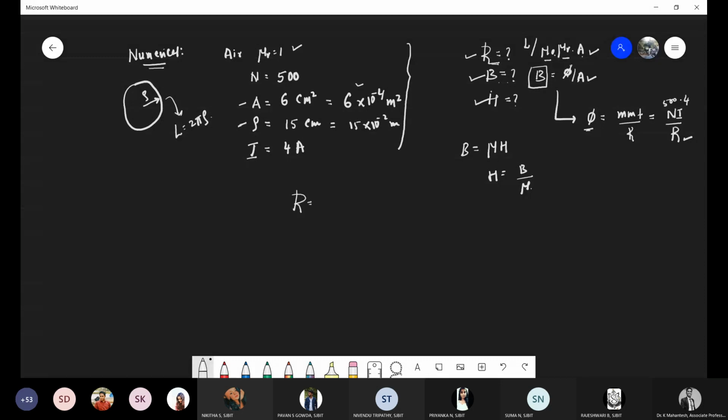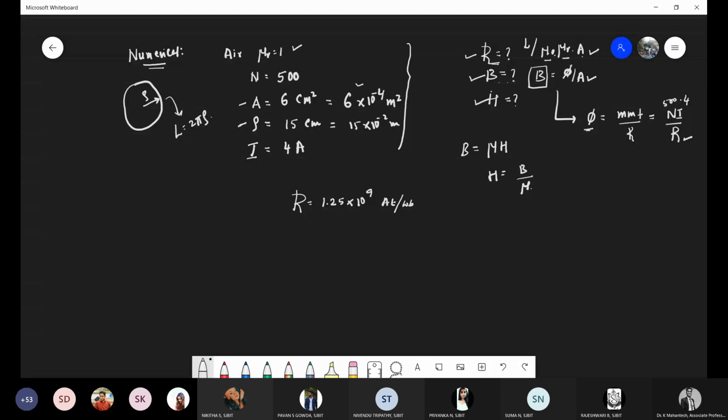So you should get the value for reluctance as 1.25 into 10 power 9 ampere turns per Weber.